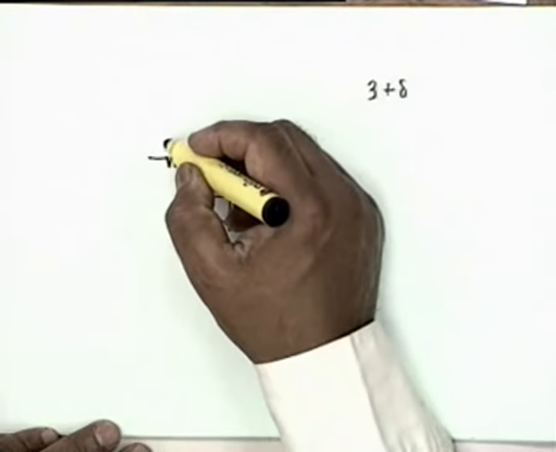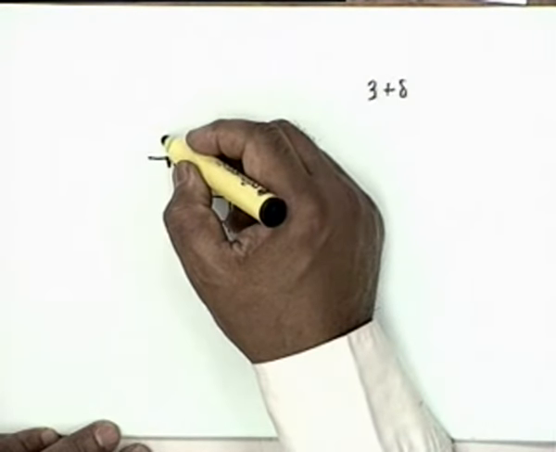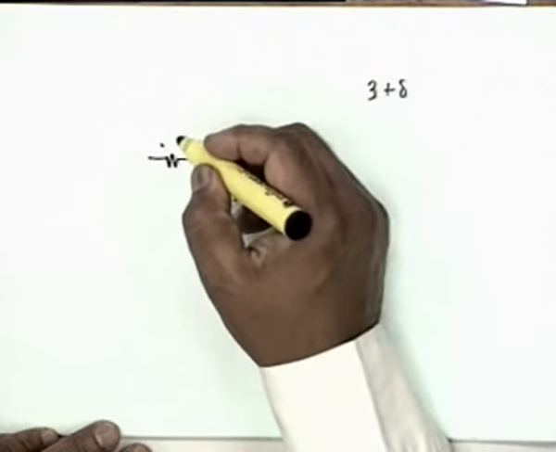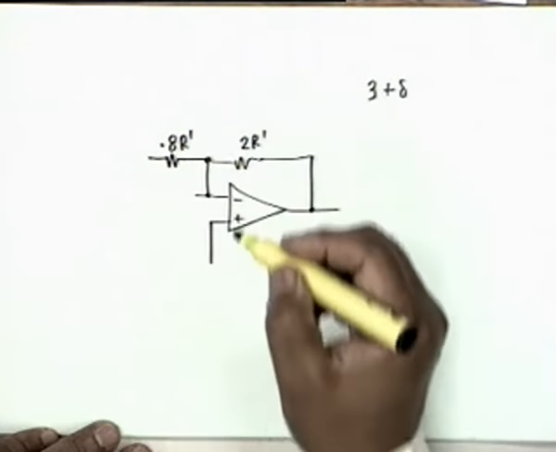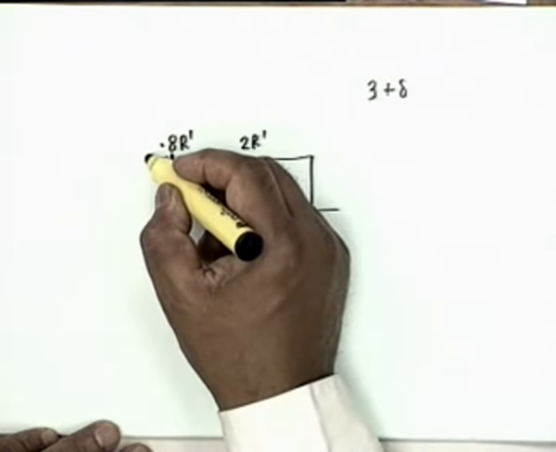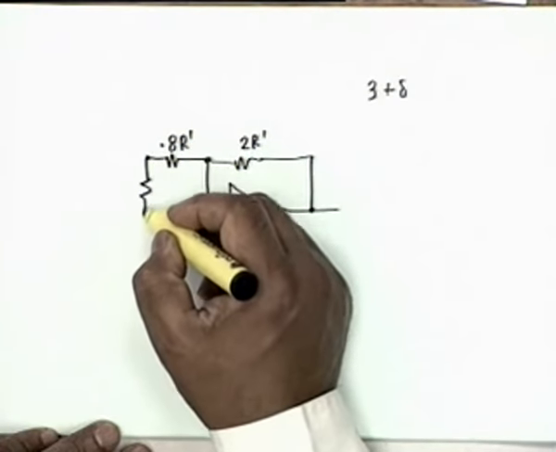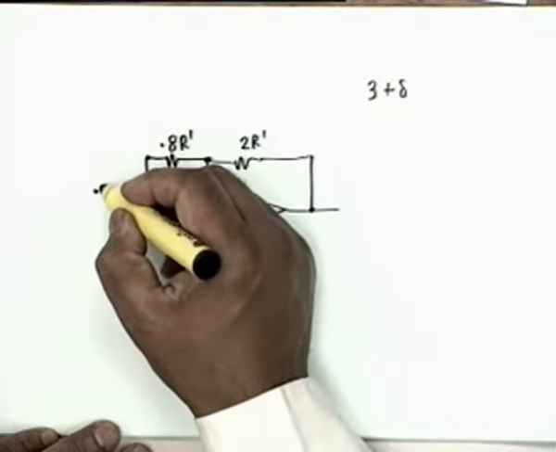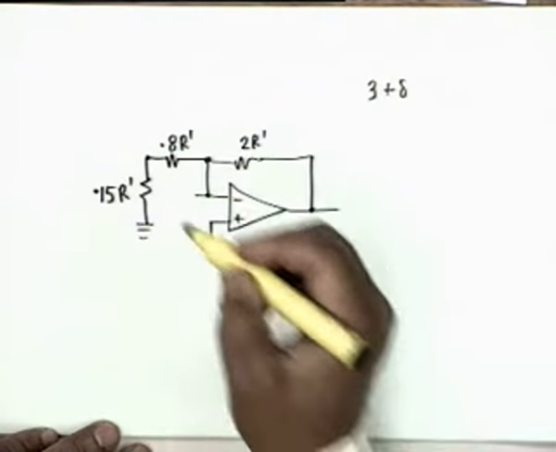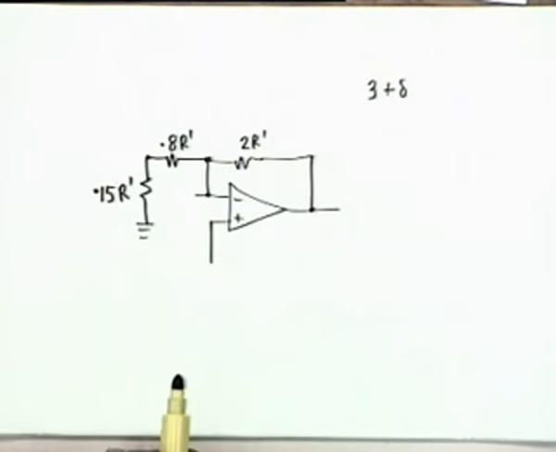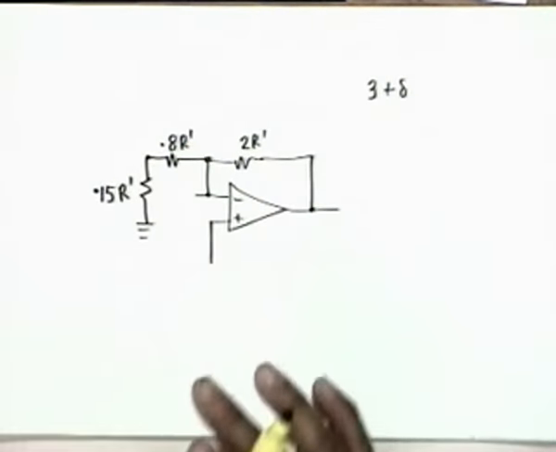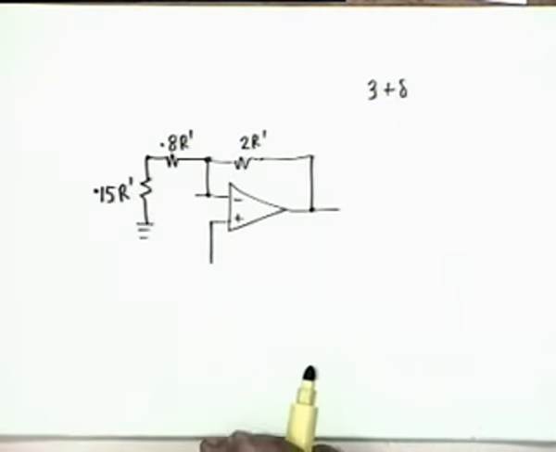But it's made 0.8 R prime, and then it goes to ground through another resistance which is 0.15 R prime. It is broken up into two parts. This is a practical circuit. The rule of thumb, I mean there is nothing strict about it, but this circuit works.